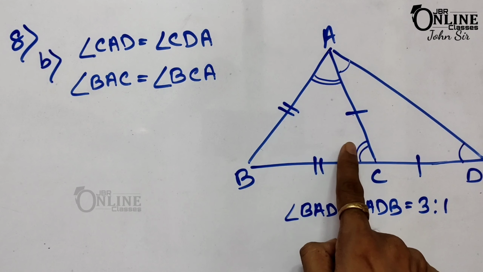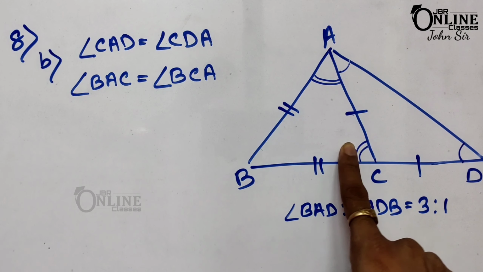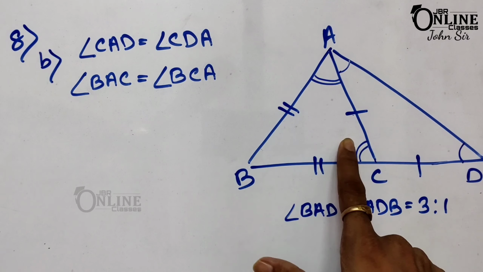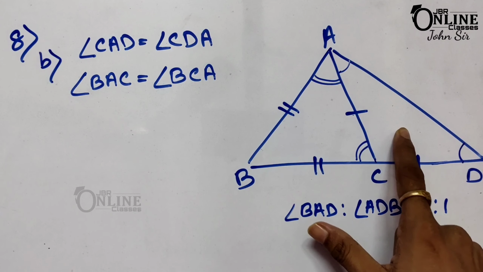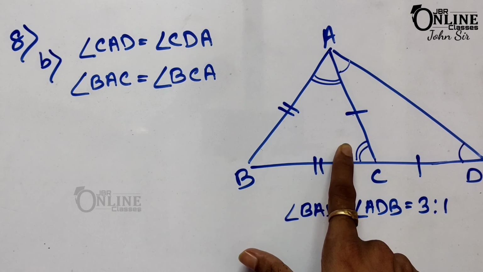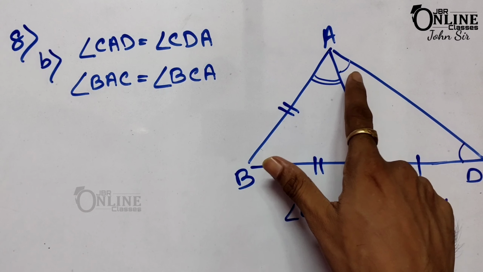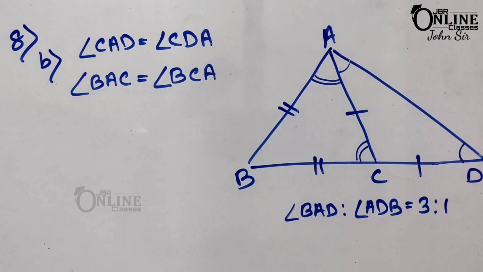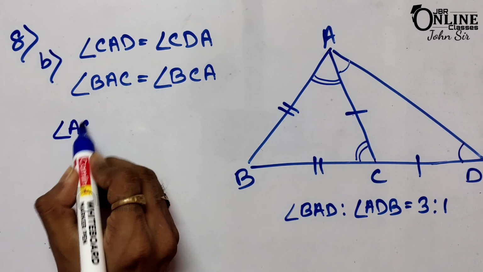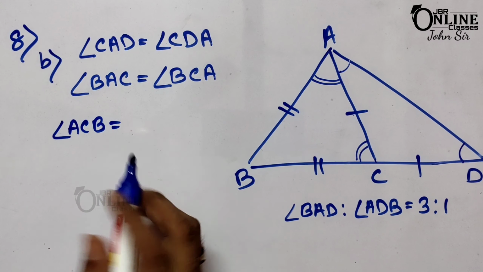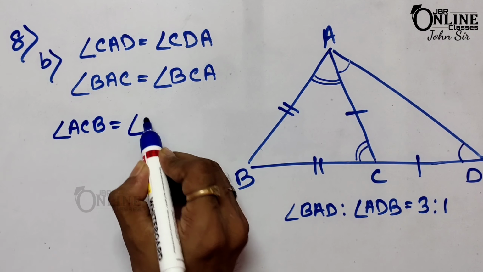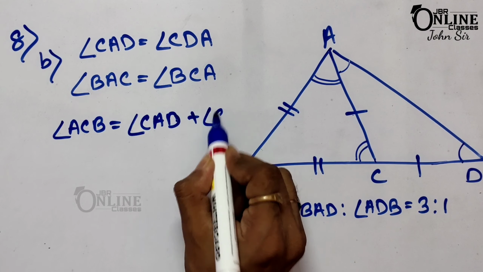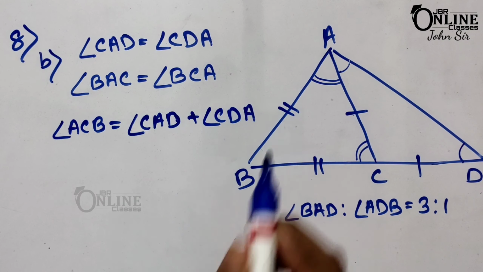Now the next thing here, this one is the exterior angle of this triangle. That means definitely this one will be equal to the addition of these two angles. Clear? So you can write angle ACB or BCA equals angle CAD plus angle CDA.